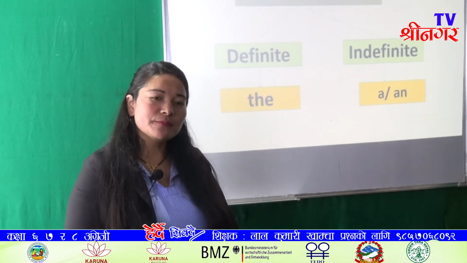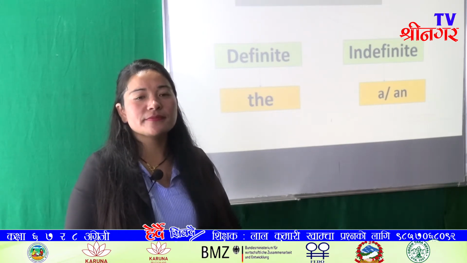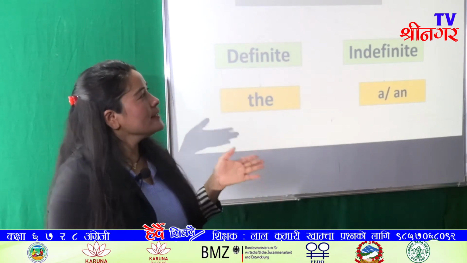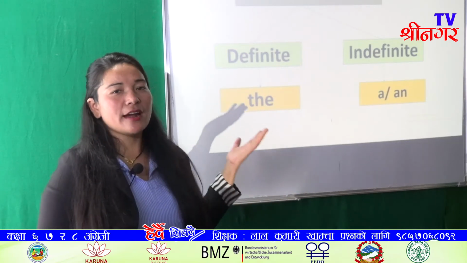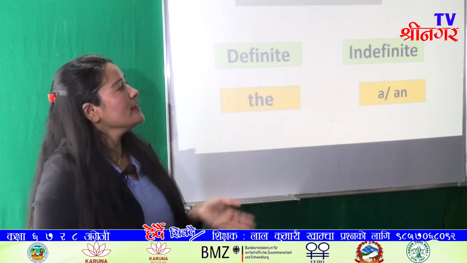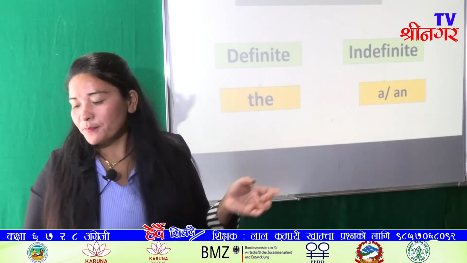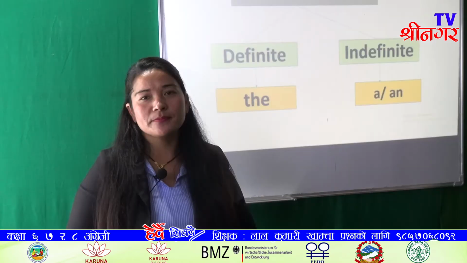Have you understood? How many articles are there in English? 3 articles, divided into 2 types: definite articles and indefinite articles. Among the 3, the is the definite article, and a and an are indefinite articles.